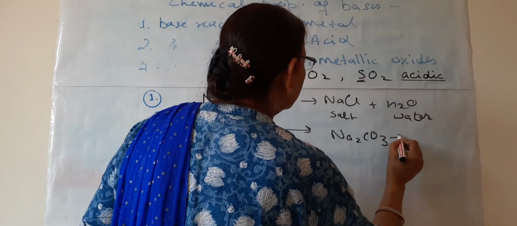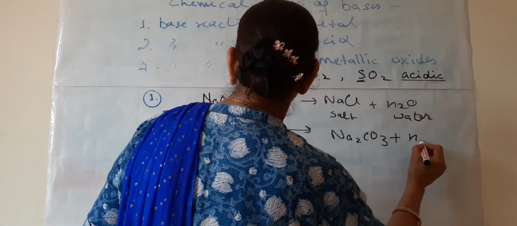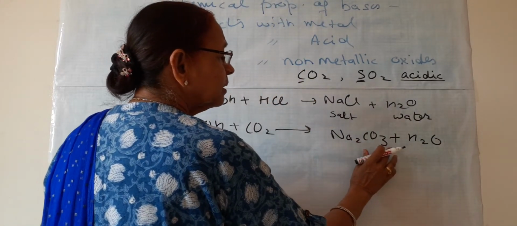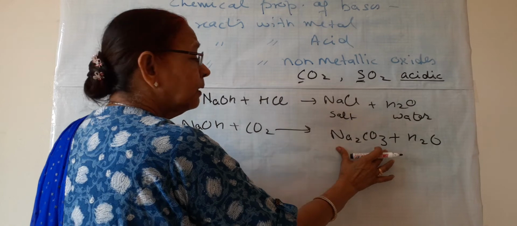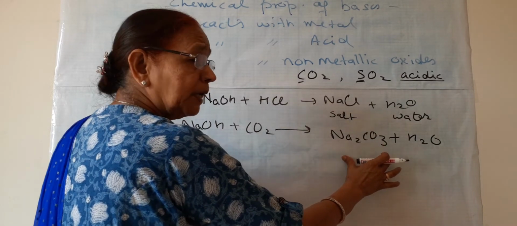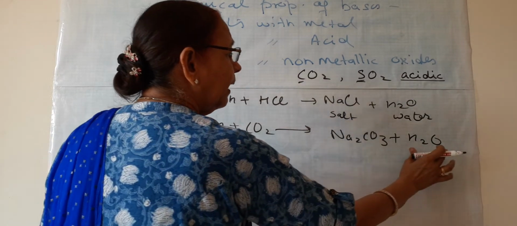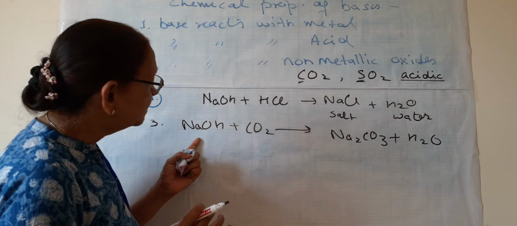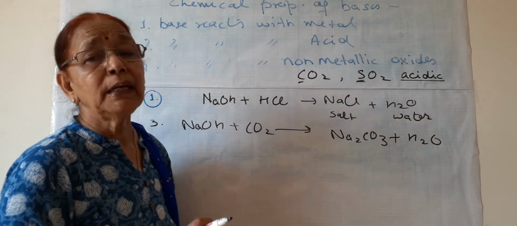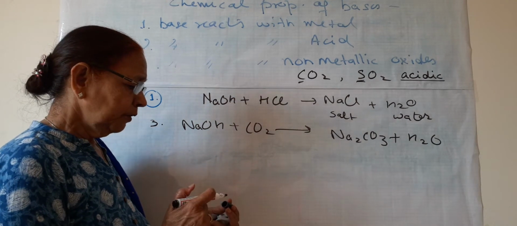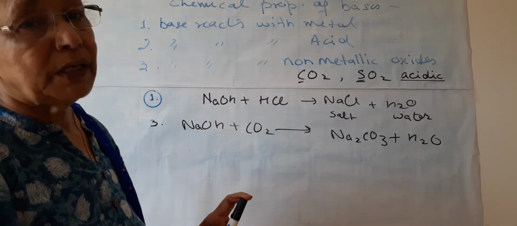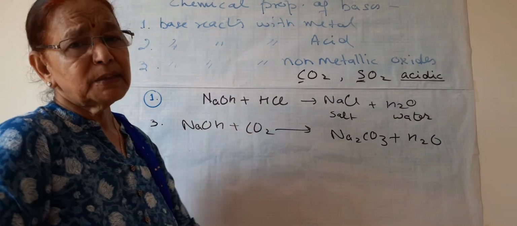Sodium carbonate will be formed and water will be formed. Sodium carbonate, Na2CO3. So this is a salt. Sodium carbonate and water are formed by the reaction of these bases with non-metallic oxides. So with this, the chemical properties of bases are finished. This is all about bases.